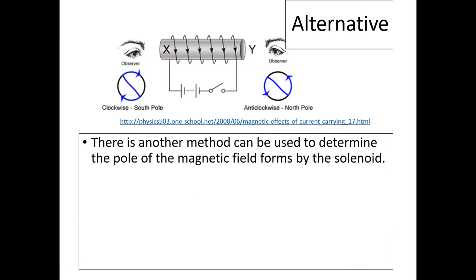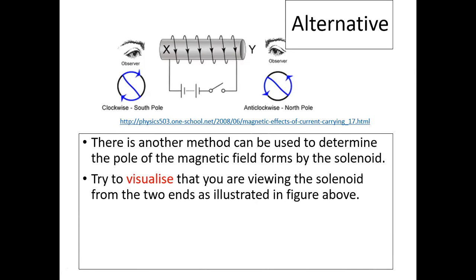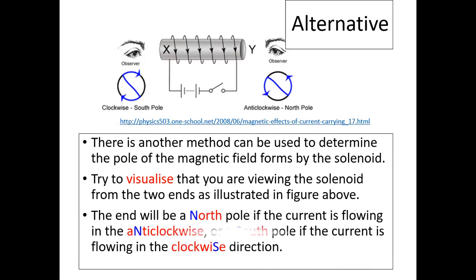To me, I feel the right hand grip rule is easier. As long as you can get the direction, good enough. North if it's anti-clockwise, if it's clockwise like that, then it's south. And I still remember I studied this in Form 3.